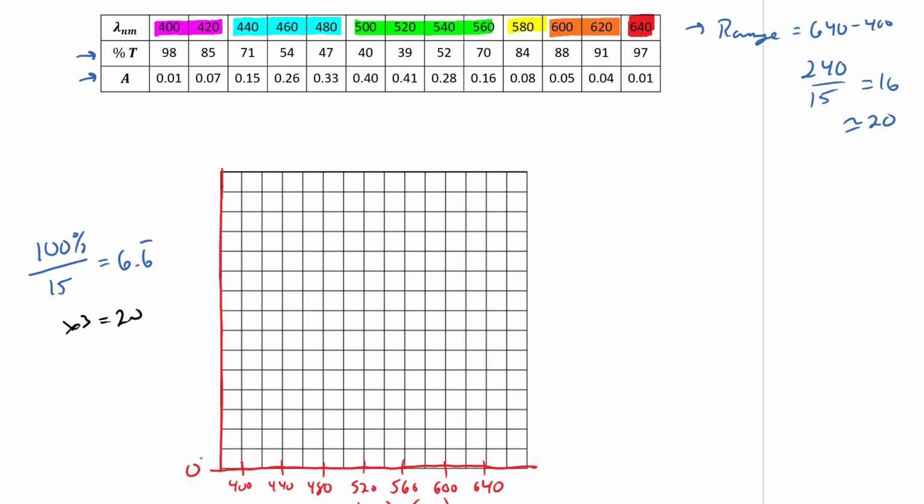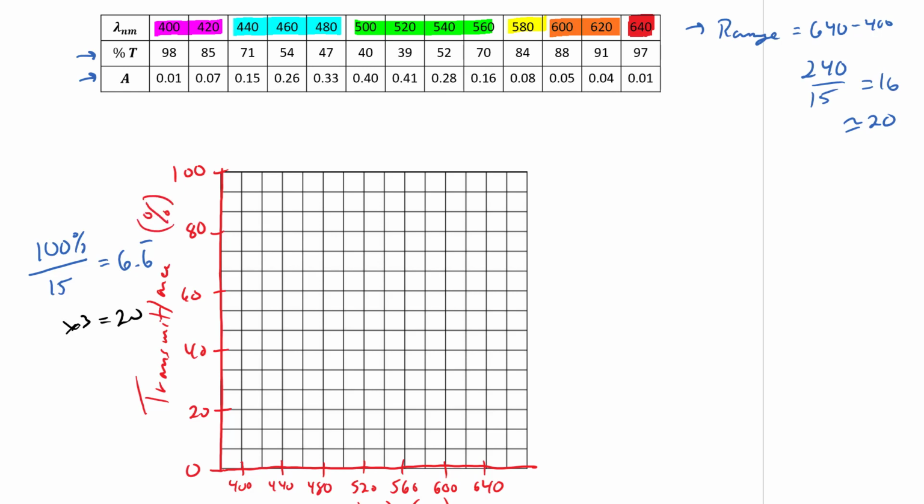We're going to start this one at 0, though. 1, 2, 3, 20. 1, 2, 3, 40. 1, 2, 3, 60. 1, 2, 3, 80. 1, 2, 3, 100. Making sure we maximize the use of our graph. Let's label that axis. This is transmittance, and it is in percentage.